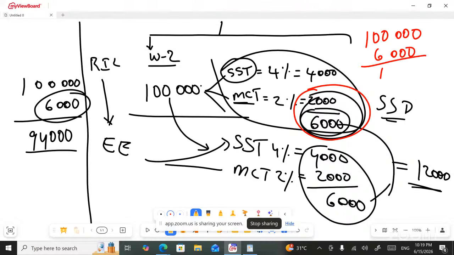Total burden 1,06,000 to the employer. The employee is also paying 6,000 from his own pocket, but not directly. The employer deducts it from the salary, and that 6,000 also will be paid directly to the Social Security Department. This is the procedure to be followed when the two persons' relationship is employer and employee.